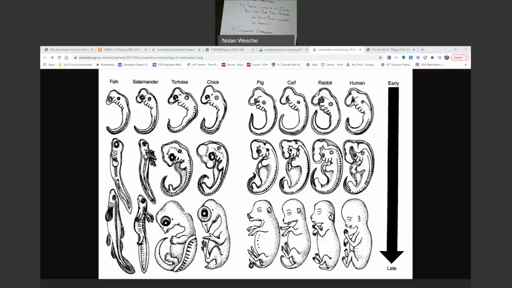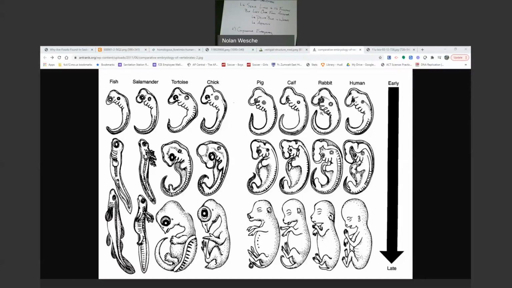So here we're looking at embryos across 8 different species: fish, salamander, tortoise, chick, pig, rabbit, calf, and humans. And we can see that in very early embryo development, we see the presence of a tail through all 8, and we see this presence of this pharyngeal pouch underneath the head of all 8. And that's conserved across all these species.